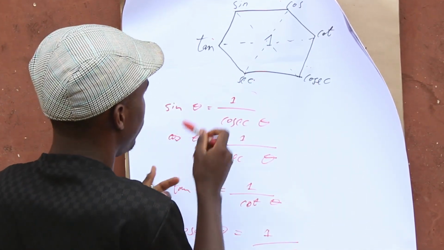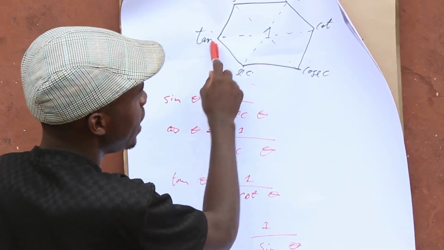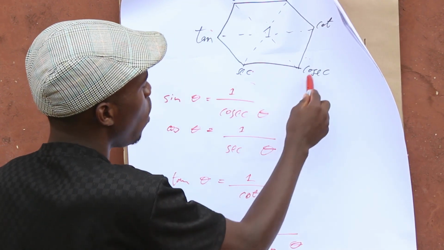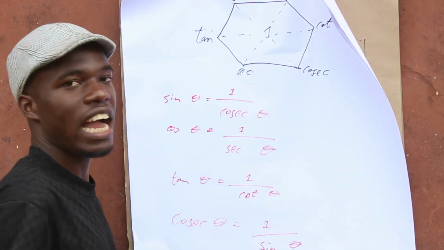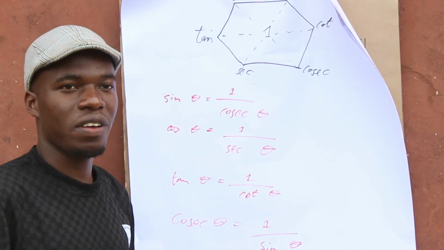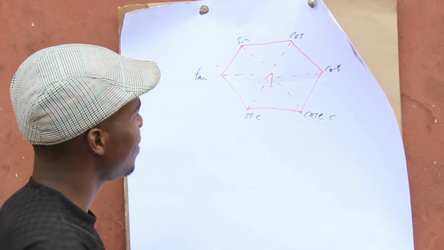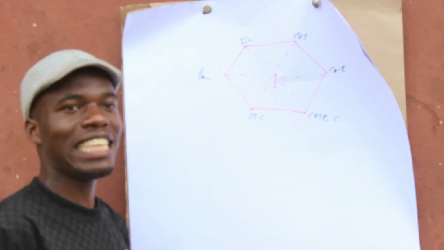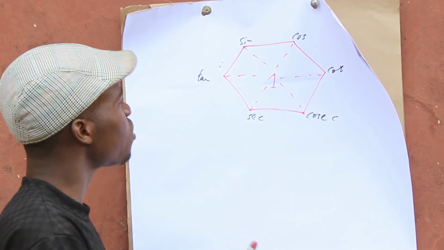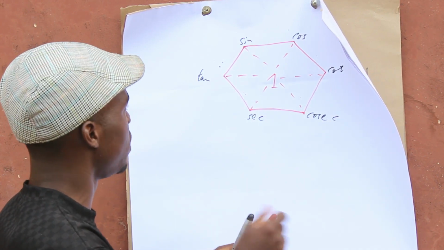You just take, for instance, tan theta is equal to 1 divided by cot theta, sin theta is equal to 1 divided by cosec theta, just the way I was doing. Well, let's now derive the remaining identities. My friends, do you remember complementary angles in secondary school? If you don't, worry not, we are going to do it with you.